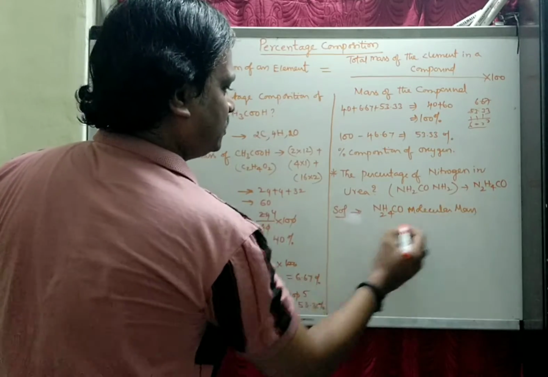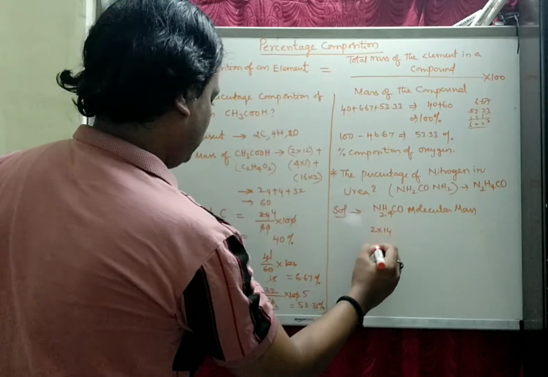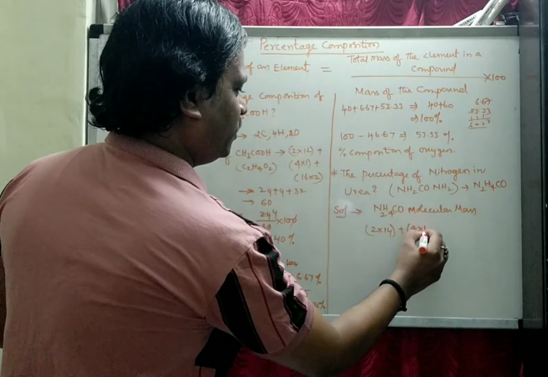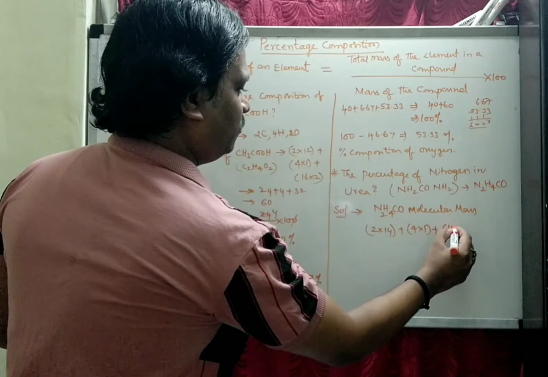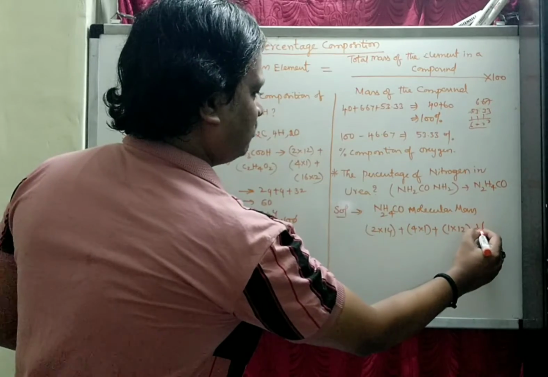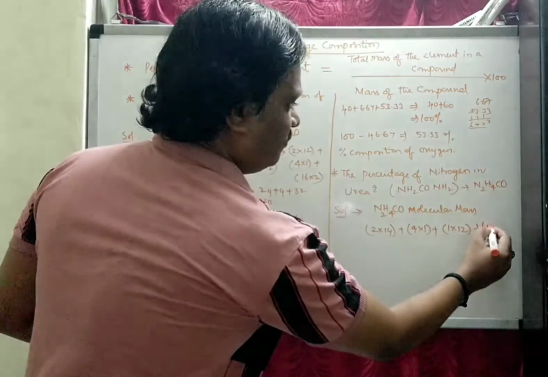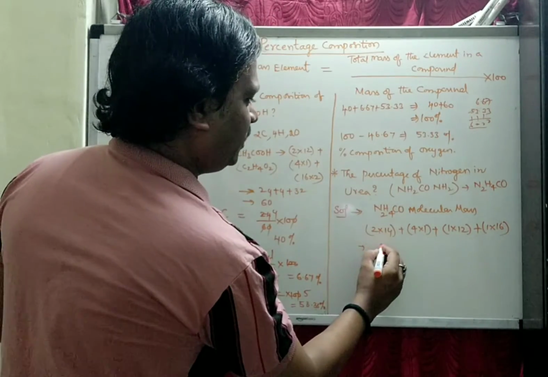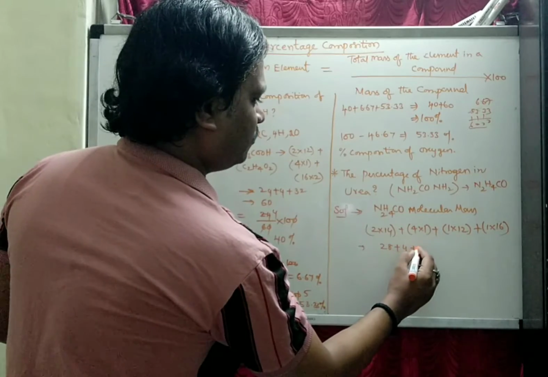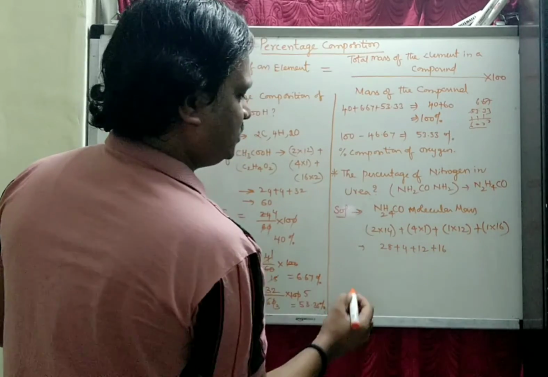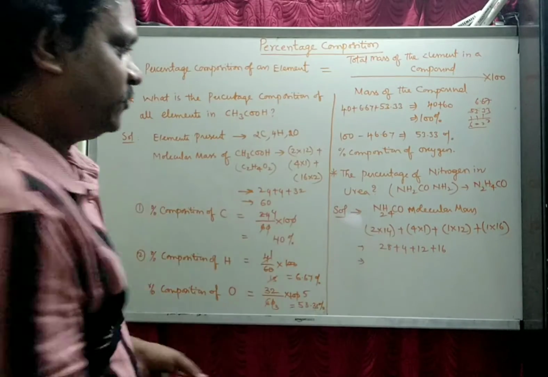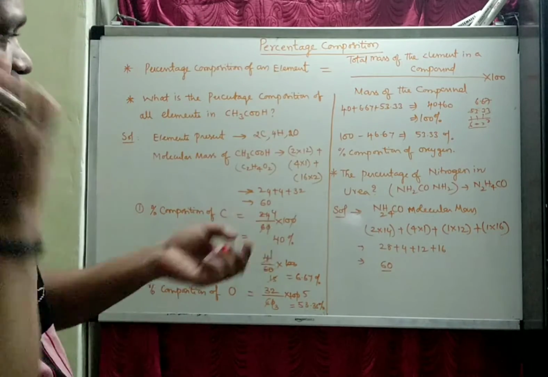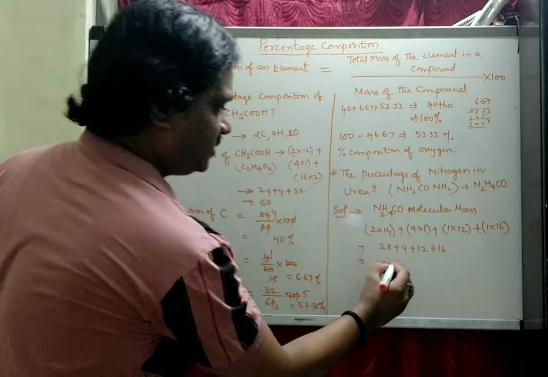So what is the molecular mass? 2 into 14 plus 4 into 1, carbon 12, 1 into 12, plus oxygen is 16, 1 into 16. 28 plus 4 plus 12 plus 16: 32, 44, 60. So 60 is the mass of the urea. If you take it in grams, you get 60 grams.